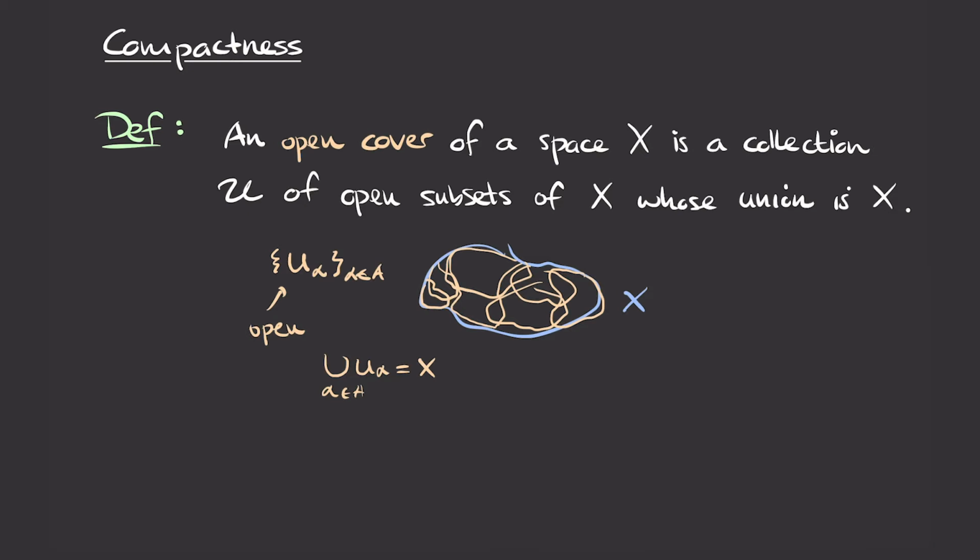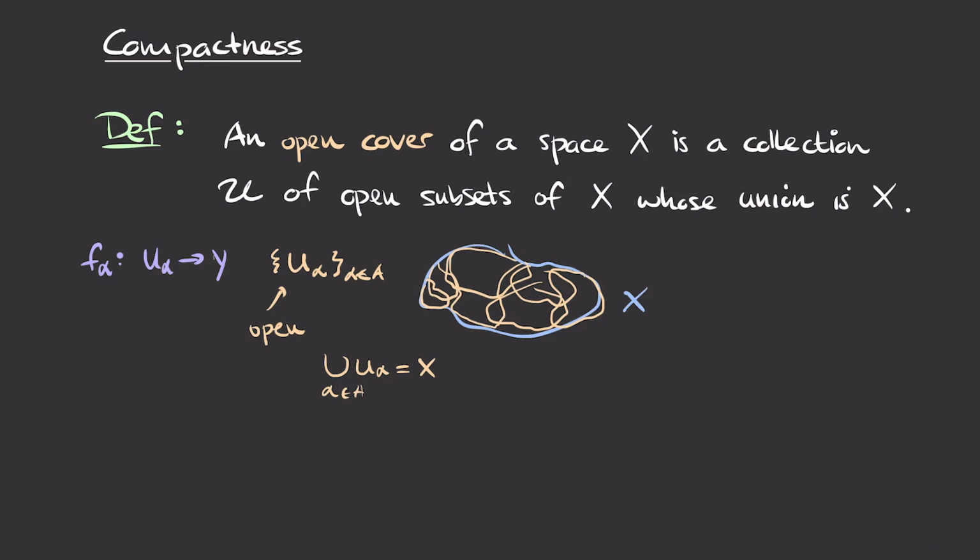The reason we'll be interested in open covers in general is because open covers provide you a way of decomposing your space into open sets, and if you have objects that are defined locally, so on some open sets of your space, then an open cover can allow you to define objects on separate parts of your space and then somehow glue them together. For instance, we might have a family of functions f alpha going from U alpha to some other topological space Y, and let's suppose that each of these functions f alpha is continuous.